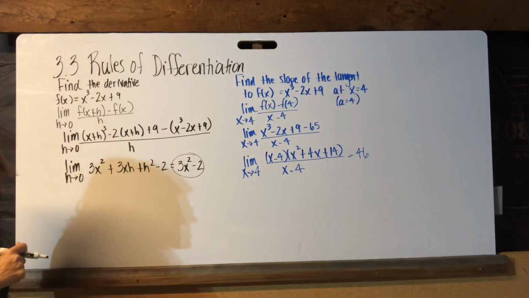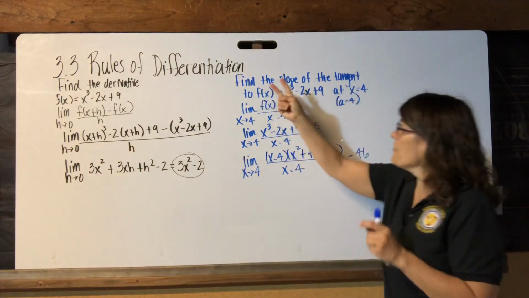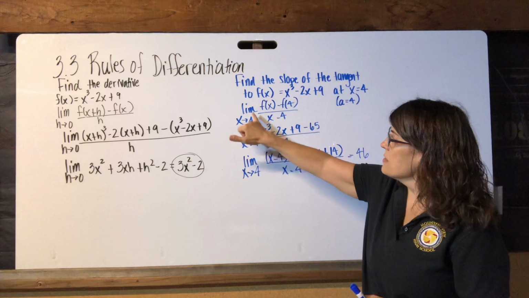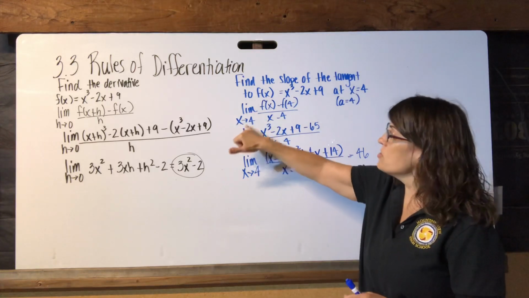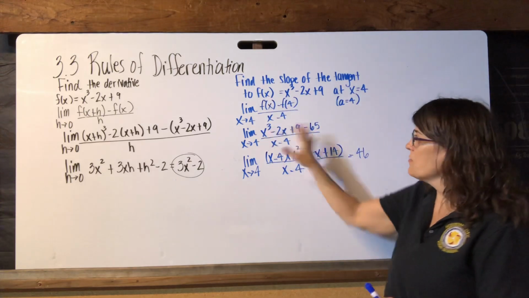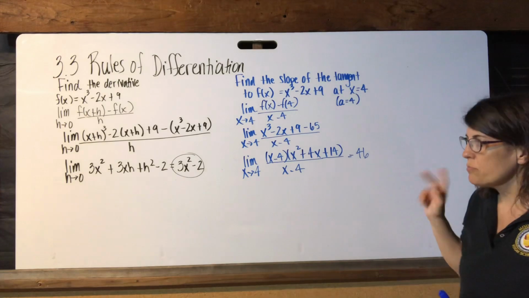And then when you're trying to find the slope of the tangent at a specific point, that's the limit as x approaches 4 of f of x minus f of 4 over x minus 4, and you do all that work and you get 46.